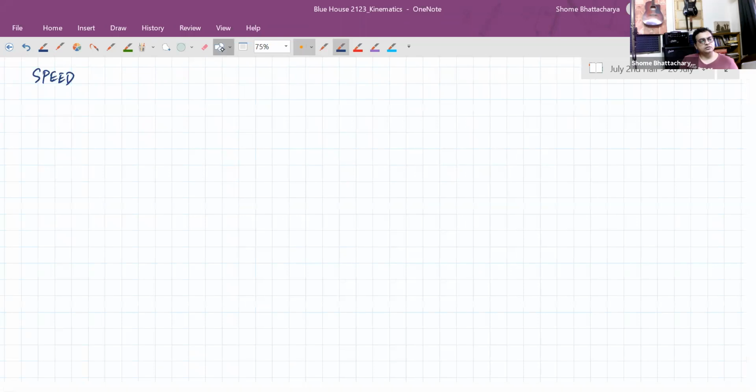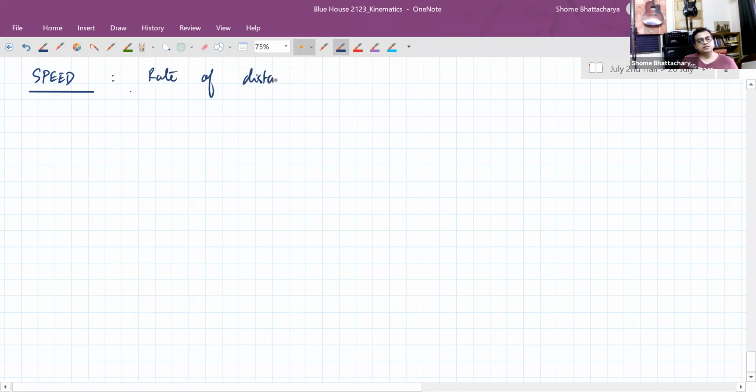So speed is defined as the rate of distance traveled with respect to time. So again, there is that whole business of instantaneous speed, that is exactly the magnitude of instantaneous velocity.